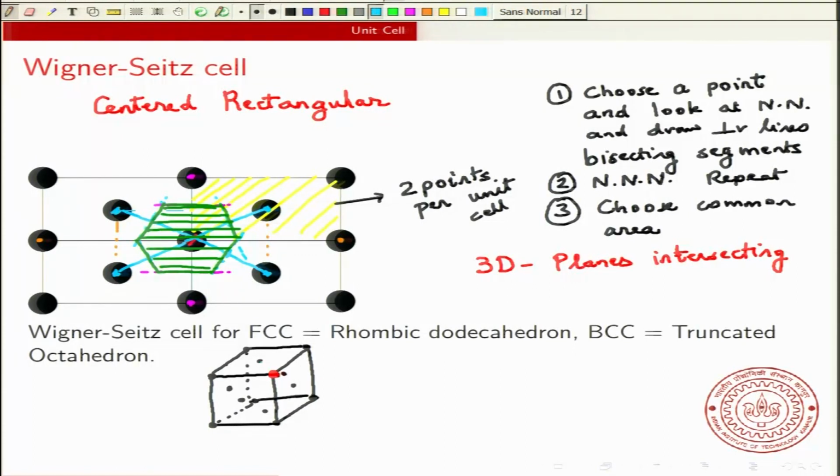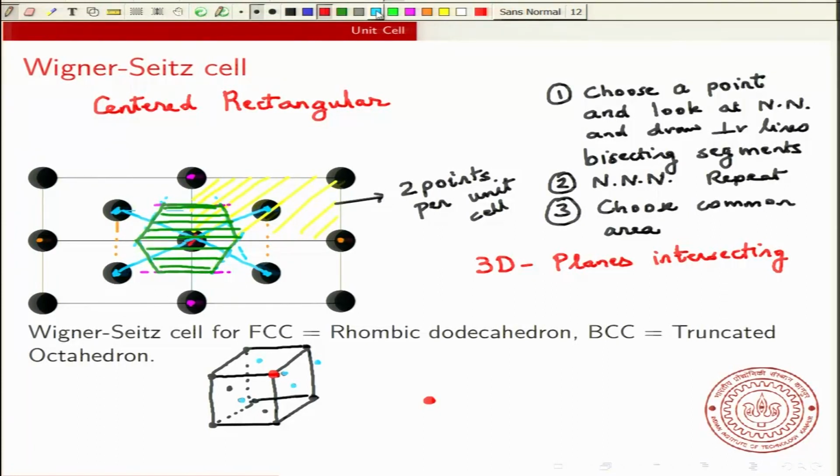So the 12 will be this, this, and then these 4 will be in this unit cell, then there will be 4 more in another unit cell. So in this neighboring unit cell there will be a point here, there will be a point in the cell that comes out in this direction, there will be another point here.